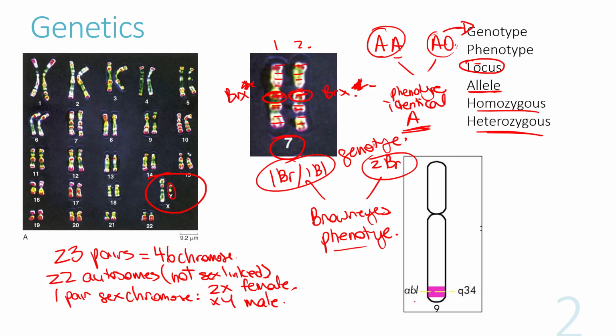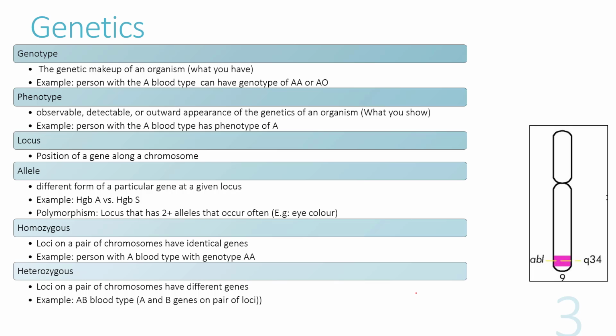And over here, this is chromosome 9. You've got different loci on chromosome 9, the ABL and the Q34. And over here, I've got the definitions of the terminology that I've spoken about, explained in a little bit more detail.